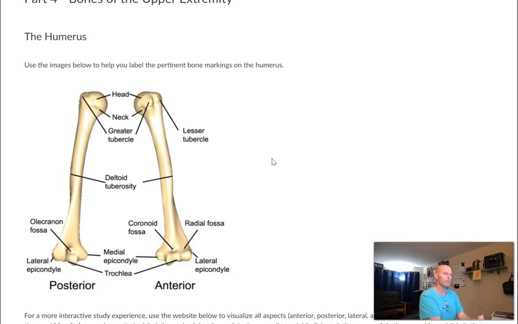And then the part with the epicondyle, the medial and lateral epicondyle, of course, that's going to be at the elbow region. Remember that I told you guys that lateral epicondylitis, that's tennis elbow. Medial epicondylitis, that's golfer's elbow.